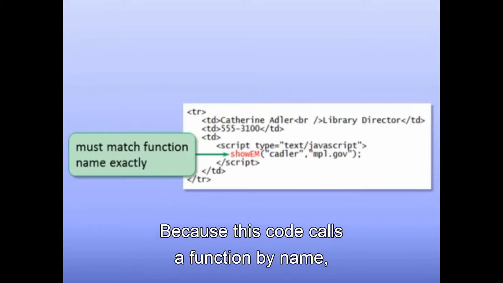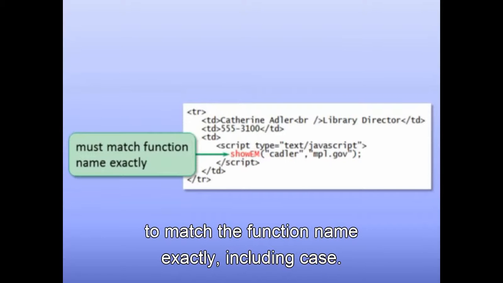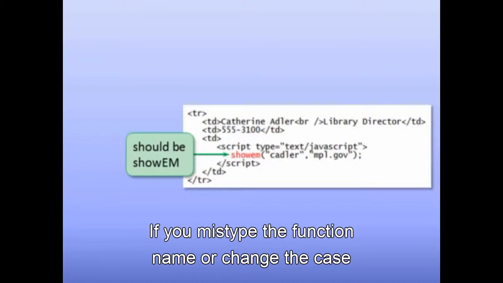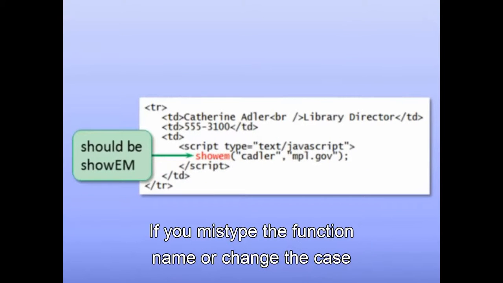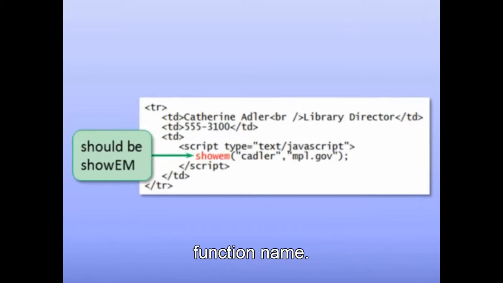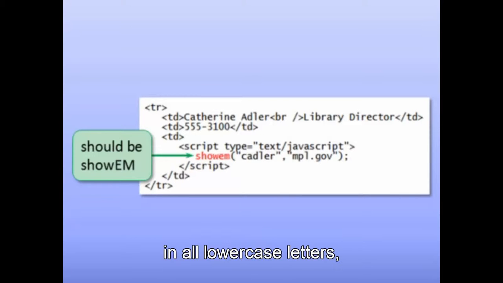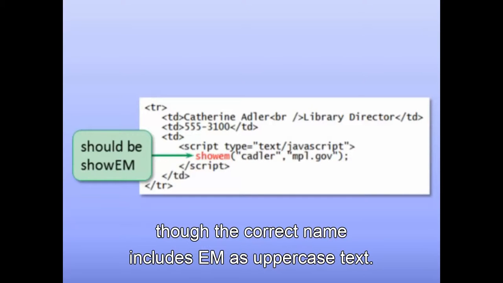Because this code calls a function by name, you must enter the command to match the function name exactly, including case. If you mistype the function name or change the case of any characters, the browser will not recognize the function name. For example, the name in this function call is in all lowercase letters, though the correct name includes EM as uppercase text.